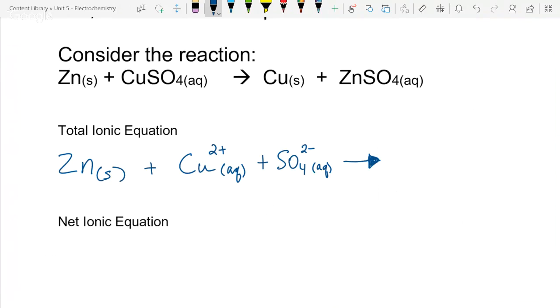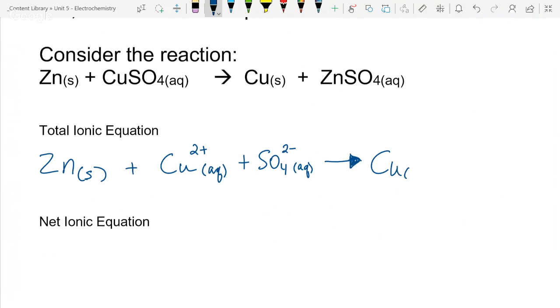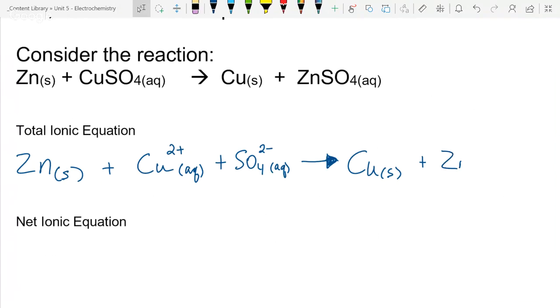Well done. Okay, so if we look here, on the right side of this equation, we have solid copper, and it is reacting with zinc ions. Mr. Castillo, what charge does zinc have? 2+, very good. And its state of matter, Mr. Marks? Very good.